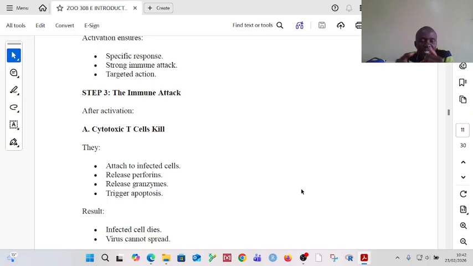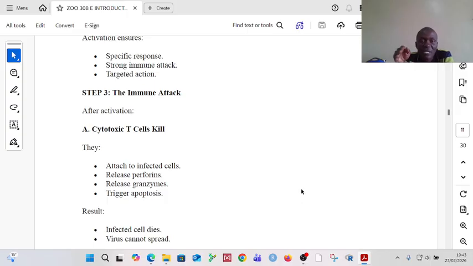Cytotoxic T cell, it attaches to a cell which is infected. It attaches to a cell which is abnormal. After attaching to that cell, it releases two powerful chemicals. Perforins, which will perforate. Perforating ni kuweka mashimo. It now releases granzymes.